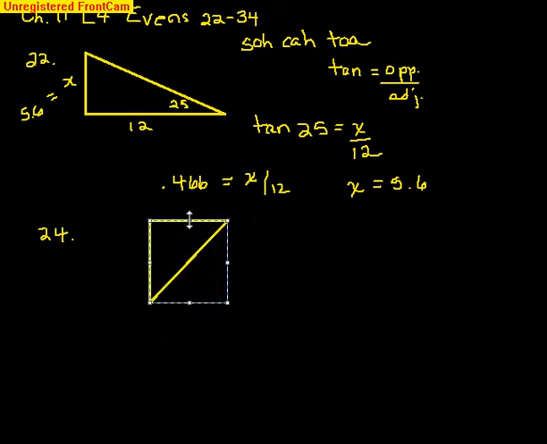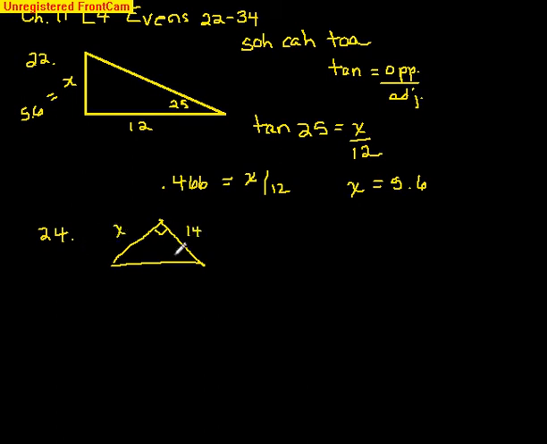So I'm just going to draw it. So we have the right angle at the top this time. And here's our right angle. You can use your imagination. This is x, 14, and the angle that they give us is 35.